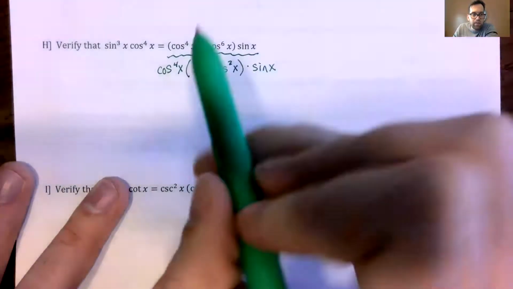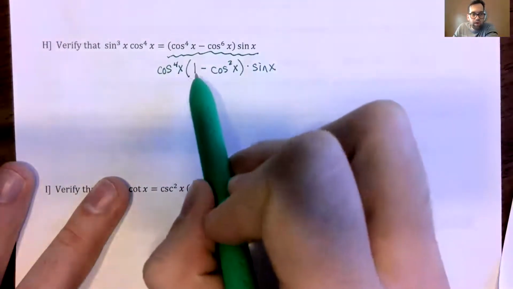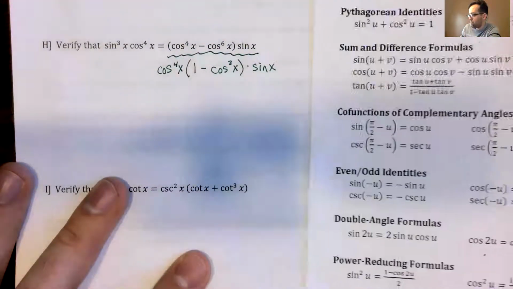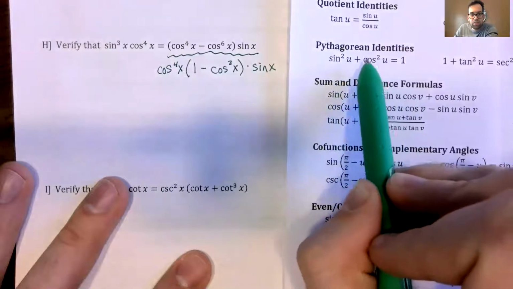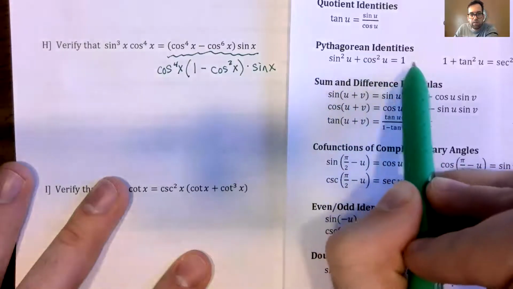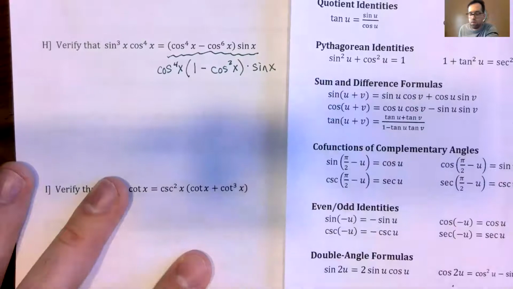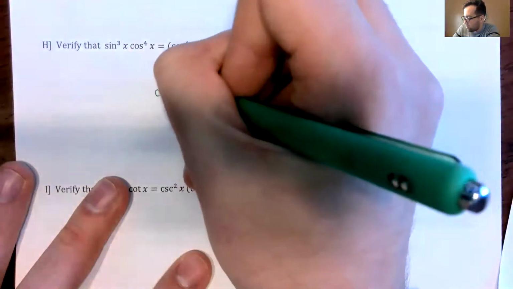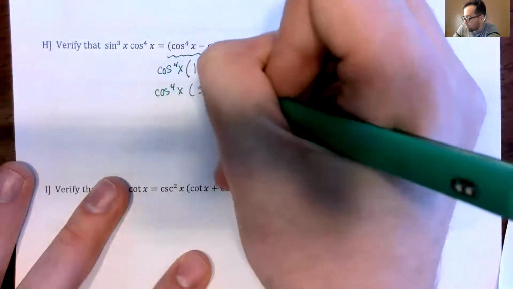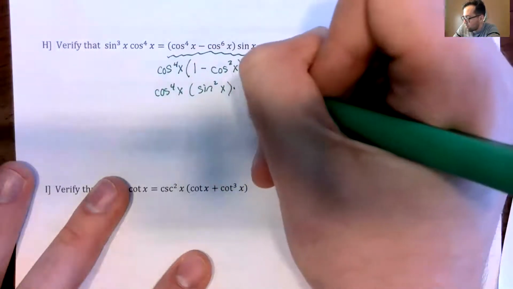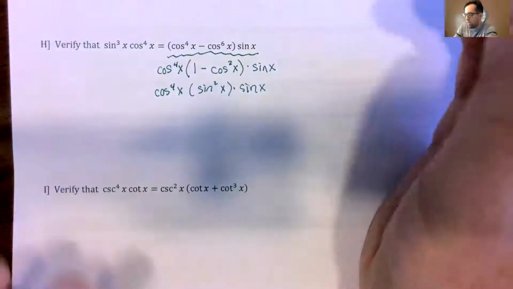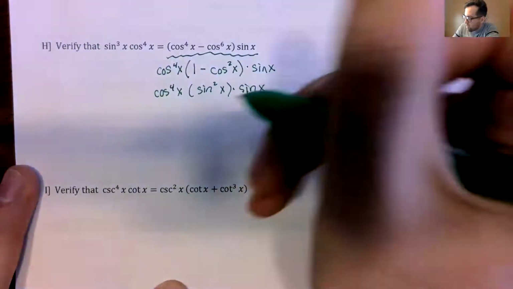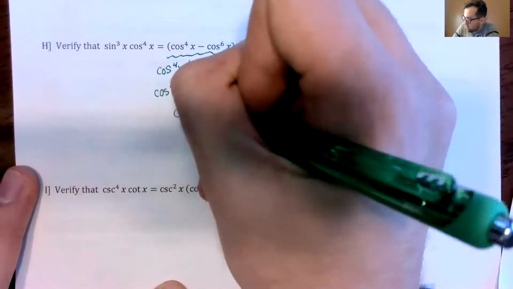All right, and now those alarms are going off in my head again. I have 1 minus cosine squared x, which is that first Pythagorean identity. So I should be able to subtract cosine squared to the other side, and I got 1 minus cosine squared of u equals sine squared of u. So I can change that whole parentheses to sine squared of x. And then when I multiply sine squared x and sine x, I get sine cubed x.